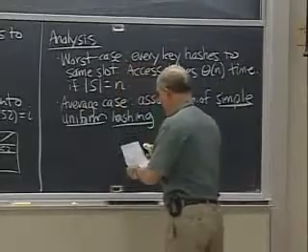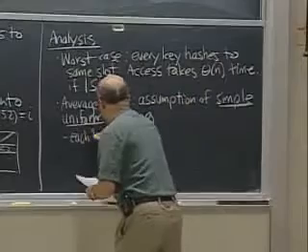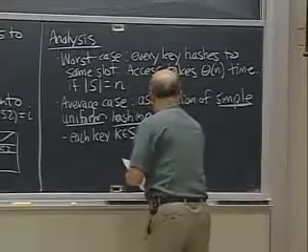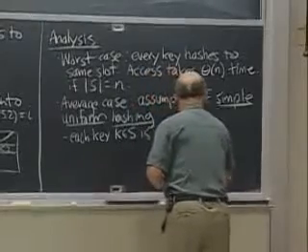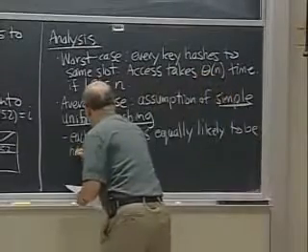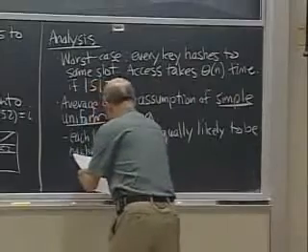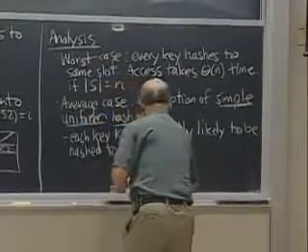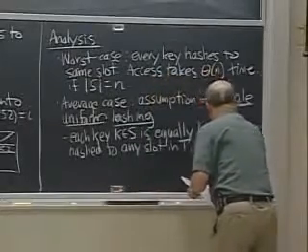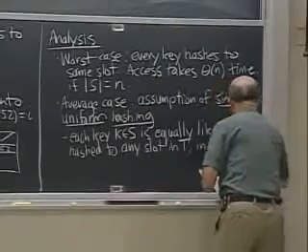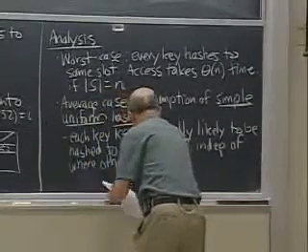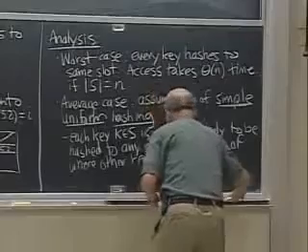And what it means is that each key k in S is equally likely to be hashed to any slot in T, and we actually have to make an independence assumption, independent of where other keys are hashed.